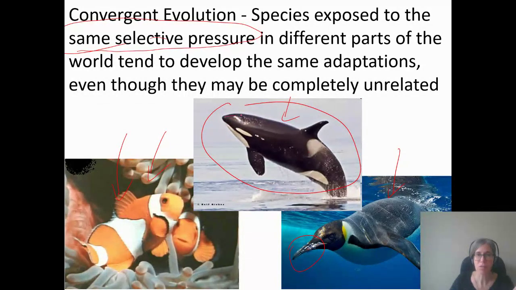And so this sort of tapered, smaller front, kind of bigger middle, this nice streamlined body, smaller end, that's all selected for in water and by the water creatures that could eat them if they weren't good swimmers, right? So species exposed to the same selective pressure in different parts of the world tend to develop the same adaptations, even though they are, well, okay, everybody's related, but pretty distantly related at this point, right?